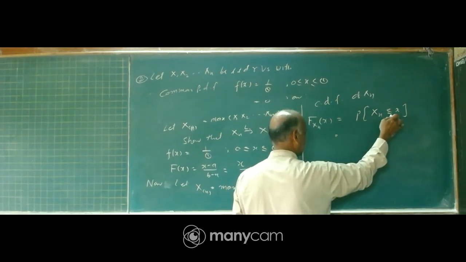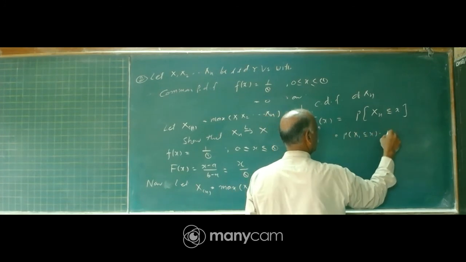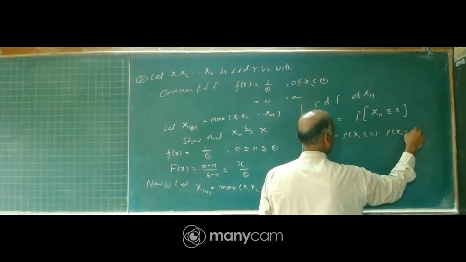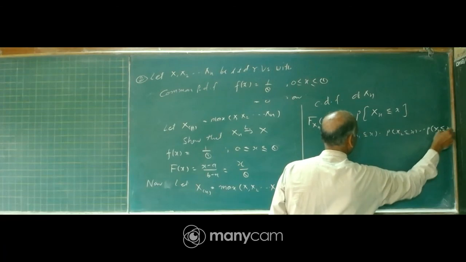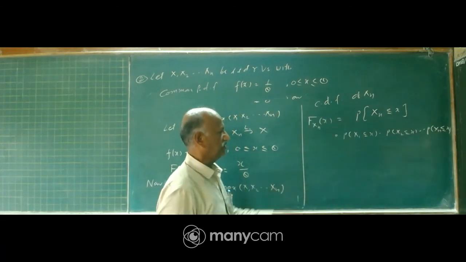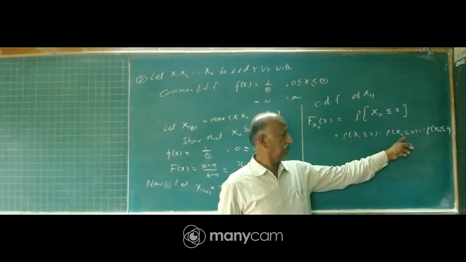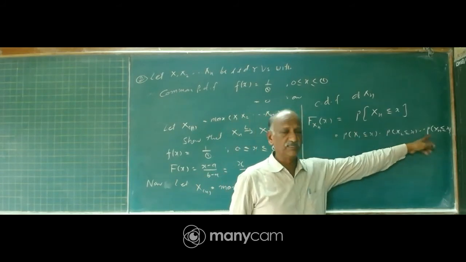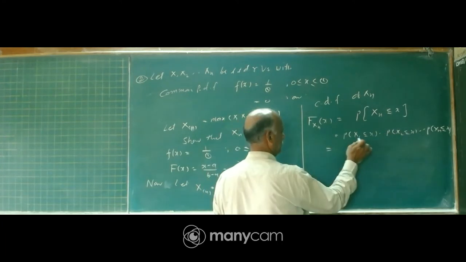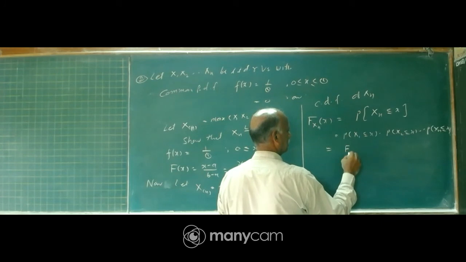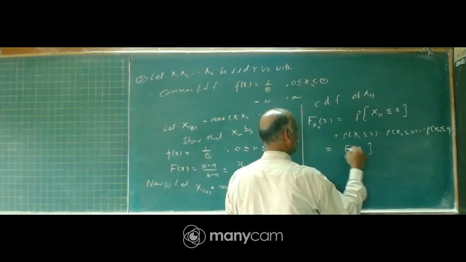Maximum जर x पेक्षा कमी असेल तर सगळे प्रोबॅबिलिटी दॅट X1 less than or equal to x, प्रोबॅबिलिटी दॅट X2 less than or equal to x, and so on, प्रोबॅबिलिटी दॅट Xn less than or equal to x. म्हणजे F of x वर n.